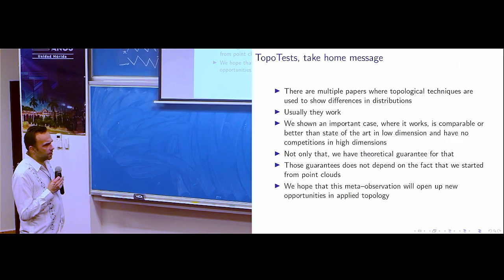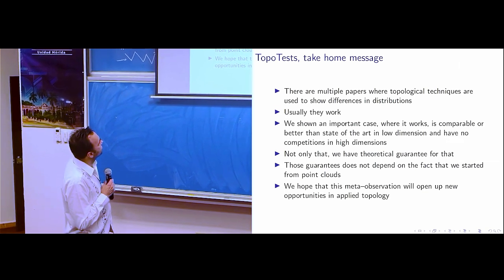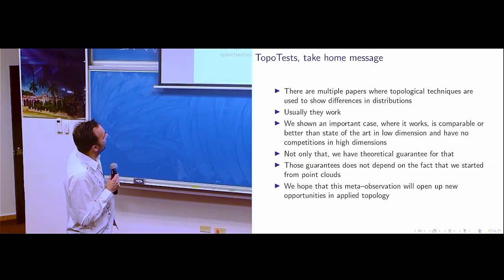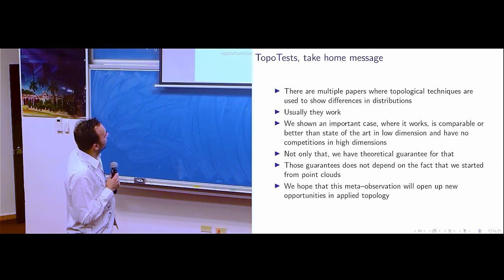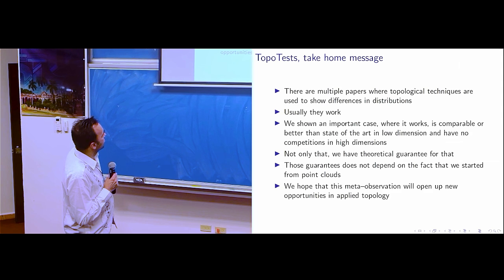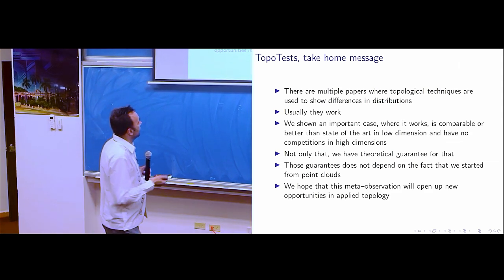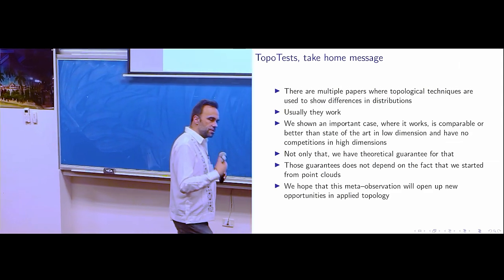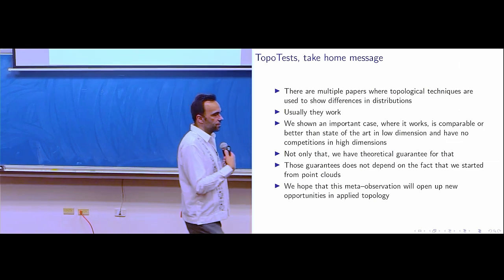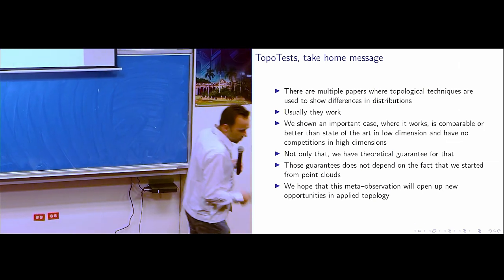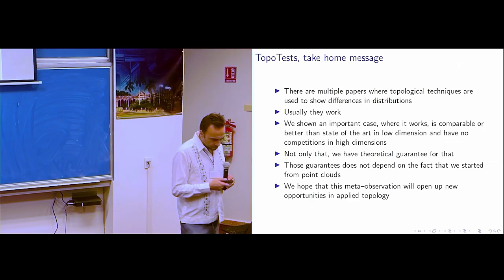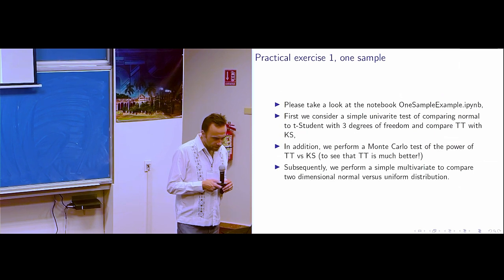So that's the topological tests. We have some theoretical guarantees, and we are able to work on samples of reasonably high dimensions. I think that's the bottom line of what I was trying to say.